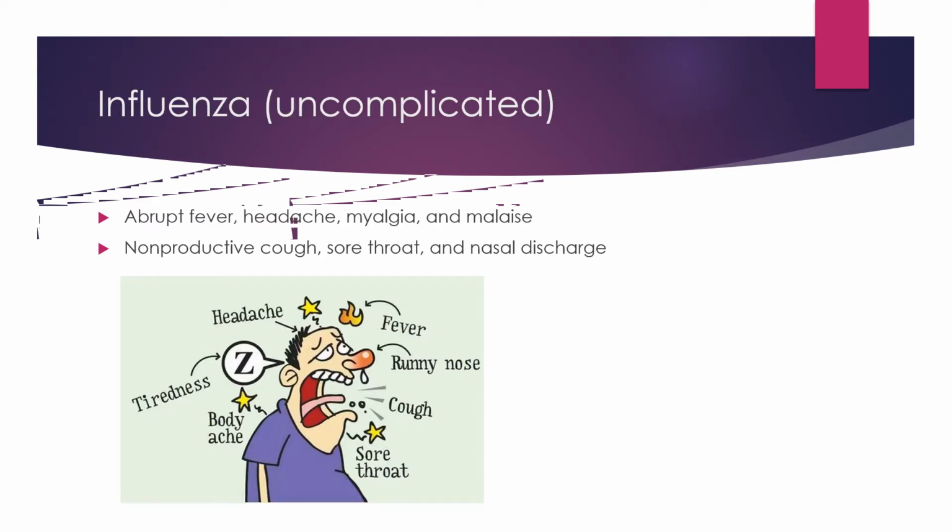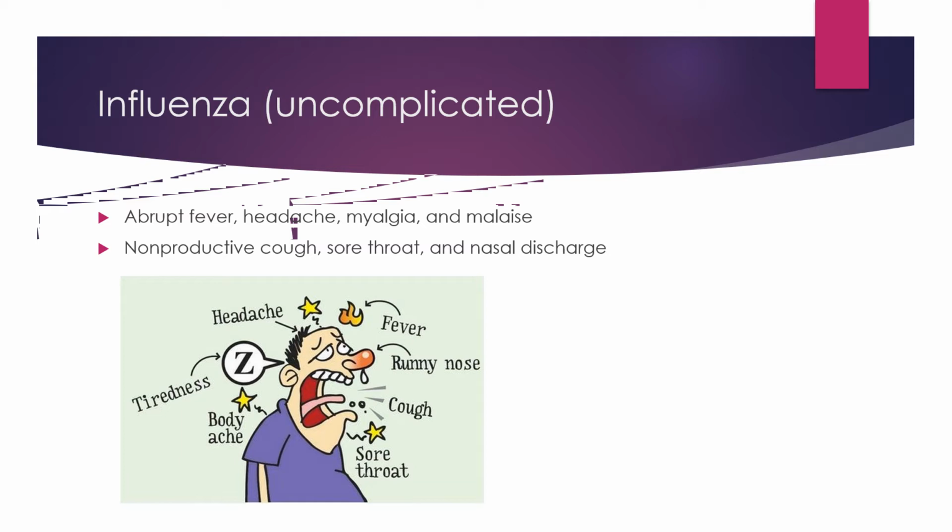So normally a patient with influenza is going to develop symptoms 1 to 4 days after their exposure. They're going to develop a fever, headache, malaise, and myalgia. Then after that, they get this non-productive cough, sore throat, and nasal discharge. If you've ever had influenza, you'll know, you feel like you've been hit by a truck when it comes on, and it hits you quick like that.